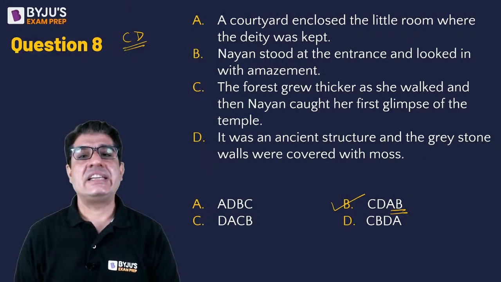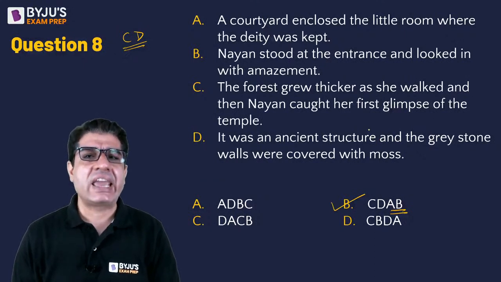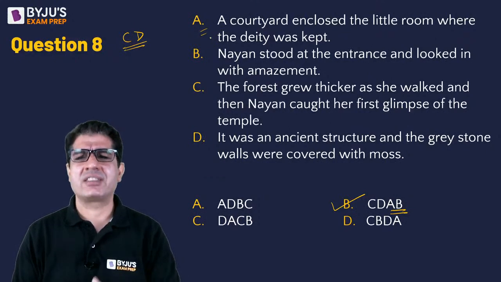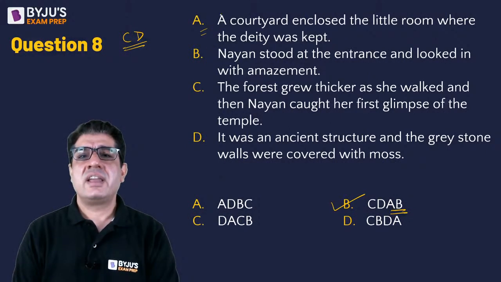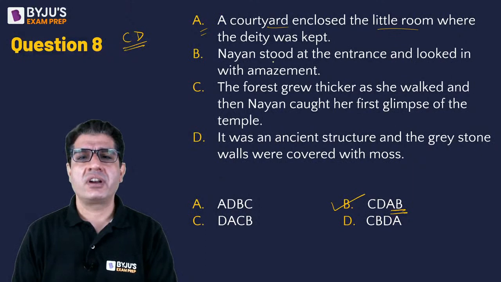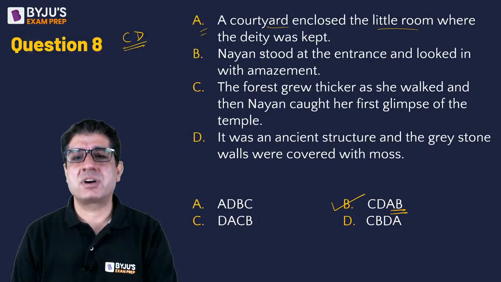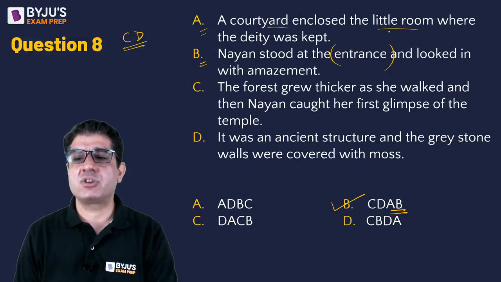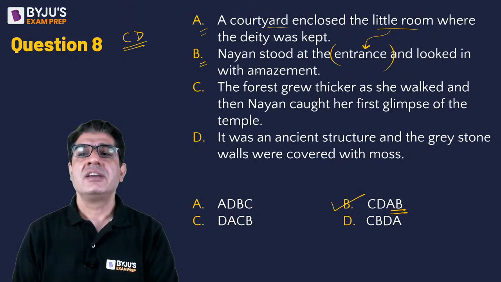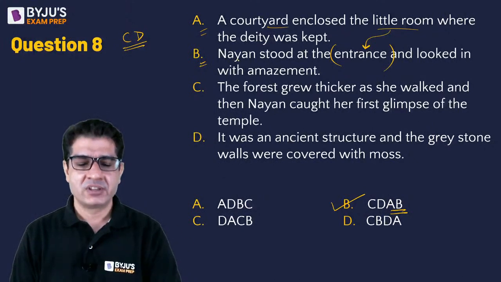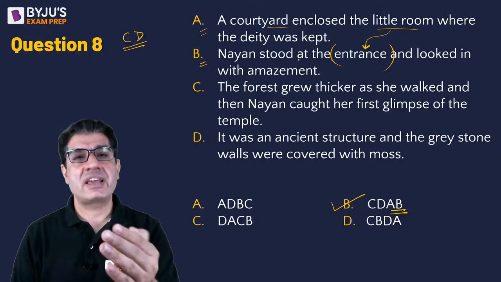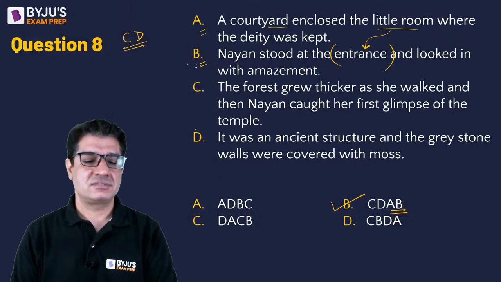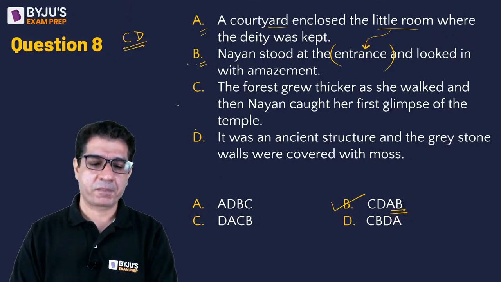So that is why D has to come before A and B. And AB is still okay, that you looked at it, and a courtyard enclosed the little room where the deity was kept can still work. And in B, this entrance can actually also be interpreted as the entrance of that little room. So CDAB is still justified where when I arrange it as AB, it becomes the entrance of that little room, but BD won't really work.